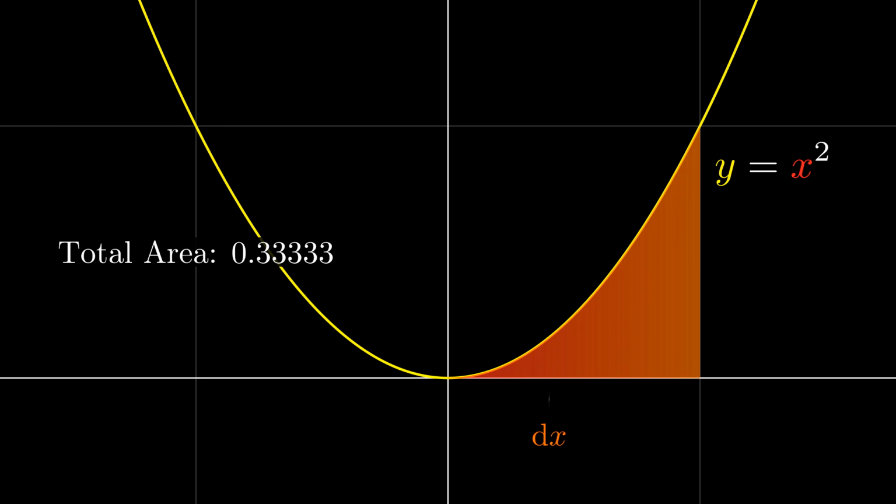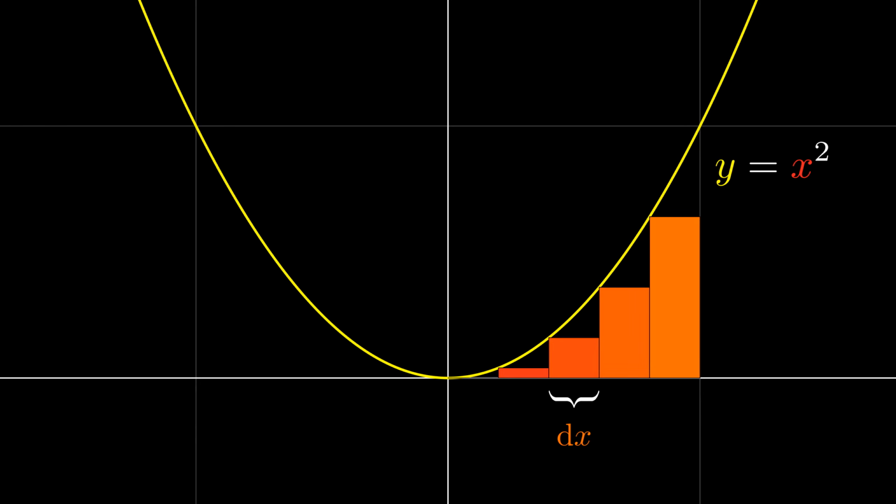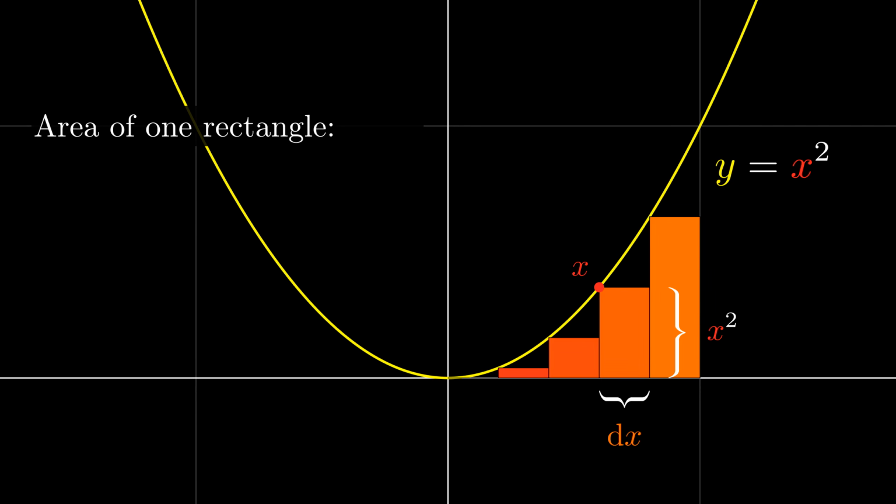Even though we want dx to be small, let's go back to making dx a bit larger so that it is easier to see what's going on. From the equation for the parabola, for a particular value of x, we see that the area of the rectangle starting at x is x squared dx. Maybe we could find a formula for the sum of the areas of all of the rectangles.